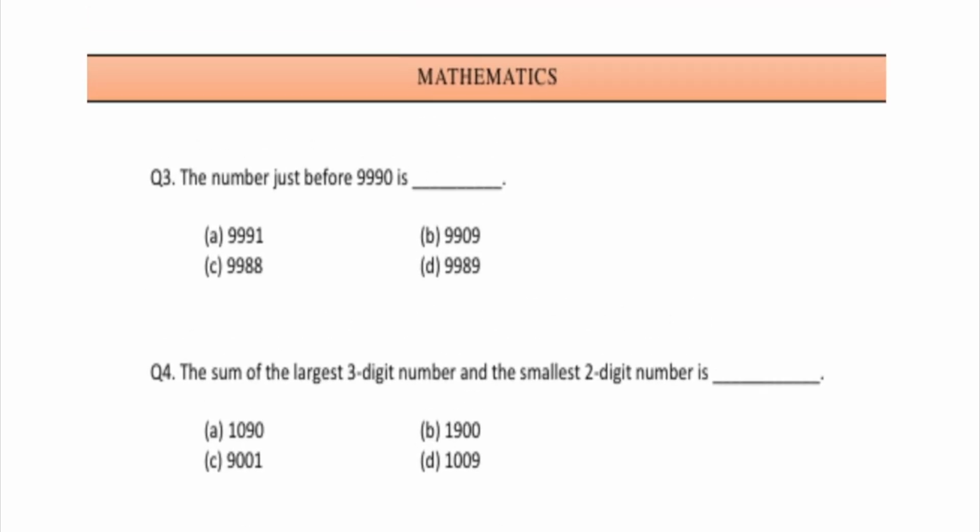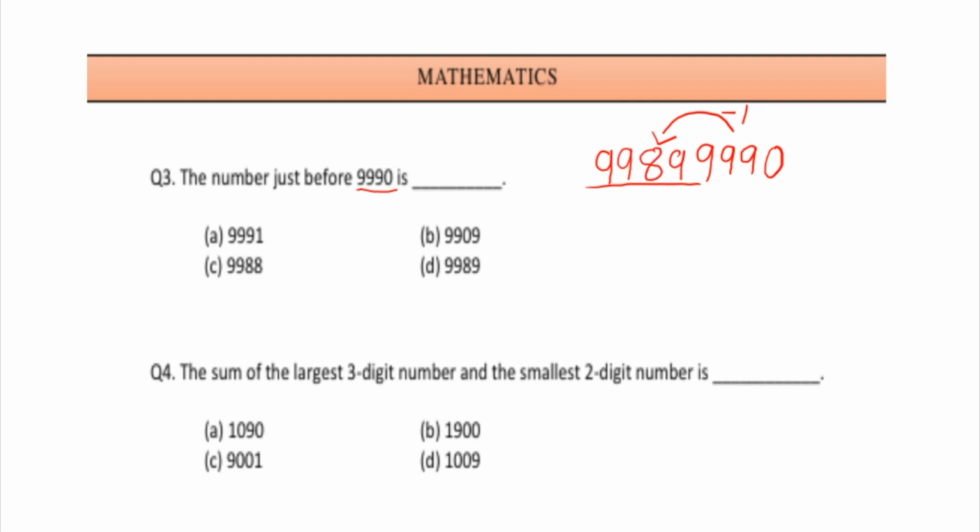So now the logical reasoning part is over. Now we'll start with mathematics. Okay. Question number 3 says the number just before 9990 is. So the number just before means the number which is before 9990. So you have to subtract 1. If we subtract 1, what will be the answer? 9989.